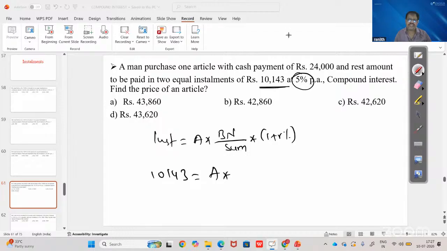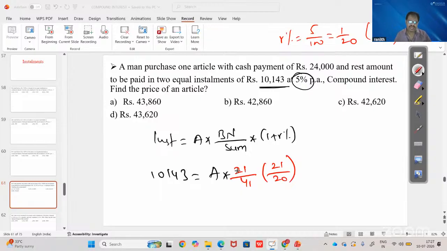R percentage equals 5 percent. 5% will be equal to 1 by 20. So 1 plus 1 by 20 will be equal to 21 by 20. Out of 21 by 20, bigger number equals 21, sum equals 41, into 21 by 20. Do the simplification, we will get the answer.